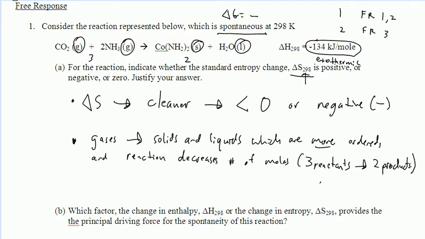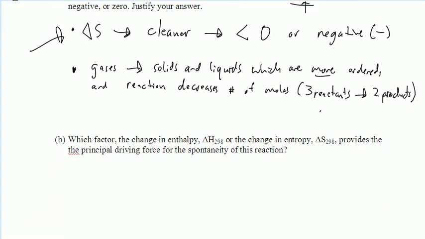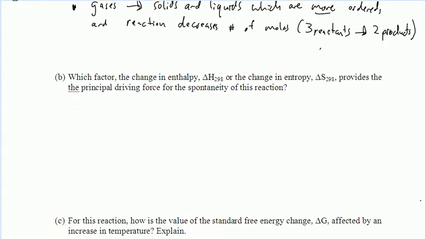Really clear question, straightforward answer. I bet they would accept what I wrote here for delta S as full credit. If you know a lot about this topic, it doesn't hurt to write about it, however.